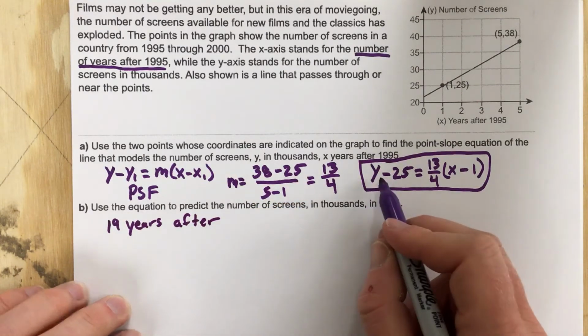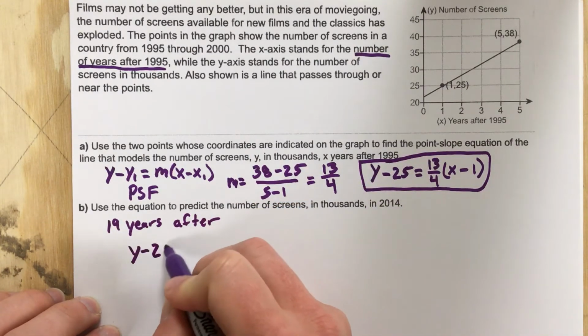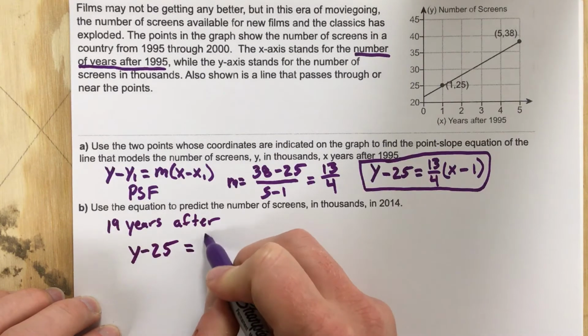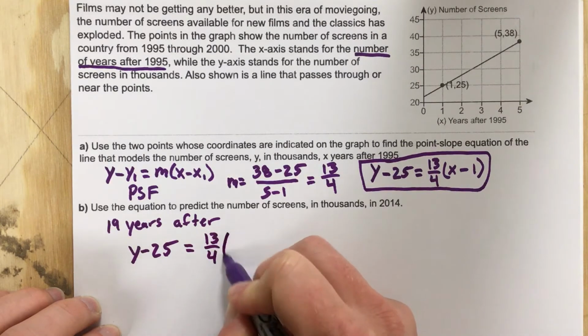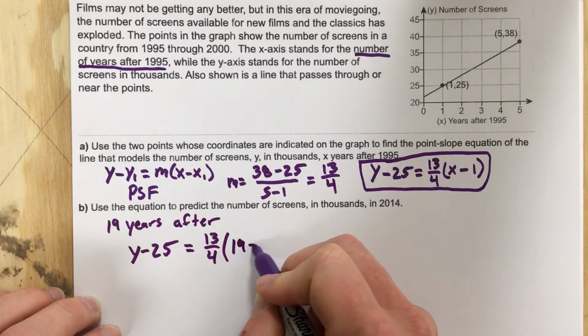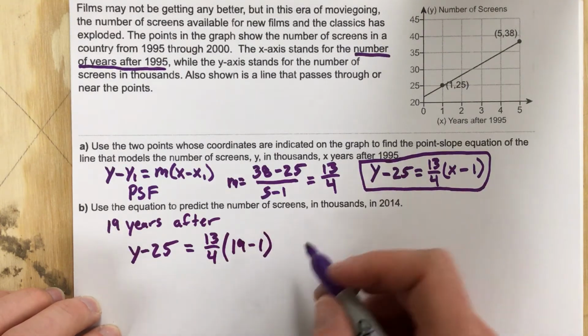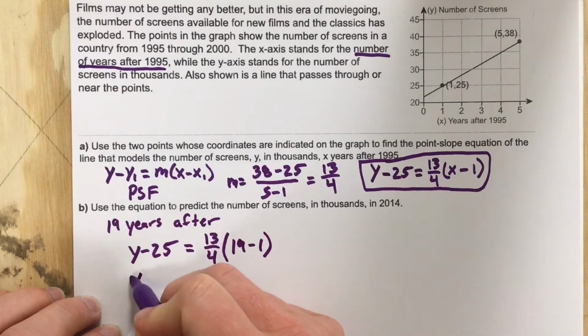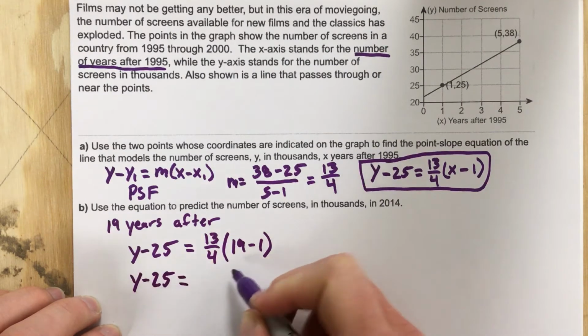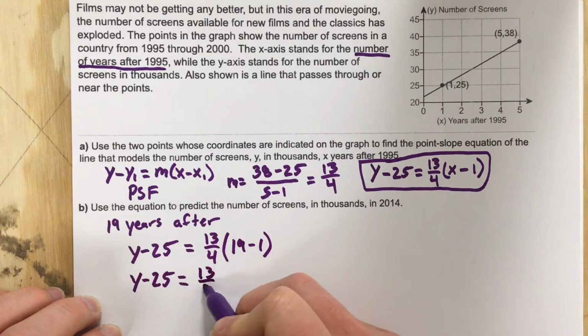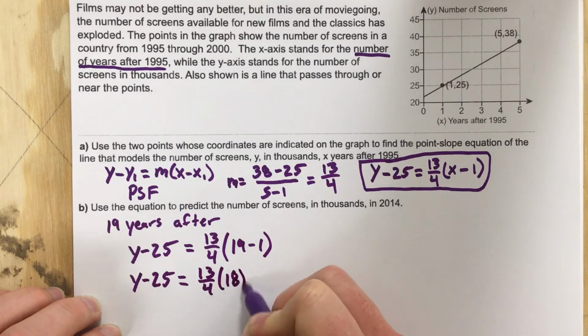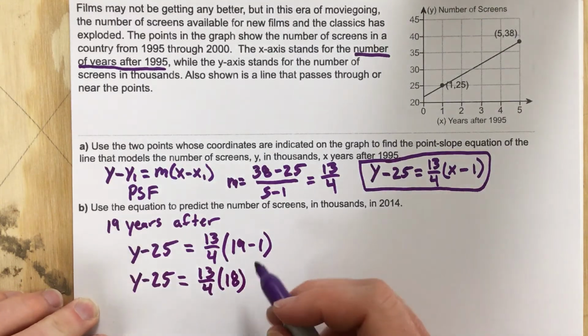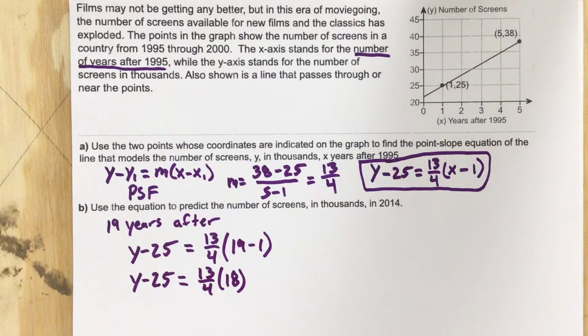So I'm going to take this equation, I'm going to say y minus 25 equals 13 over 4 times 19 minus 1. So I end up with y minus 25 equals 13 over 4 times 18, which when I multiply those, I need to take 13 times 18.